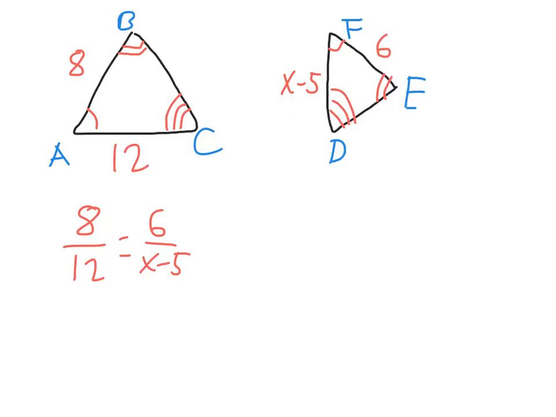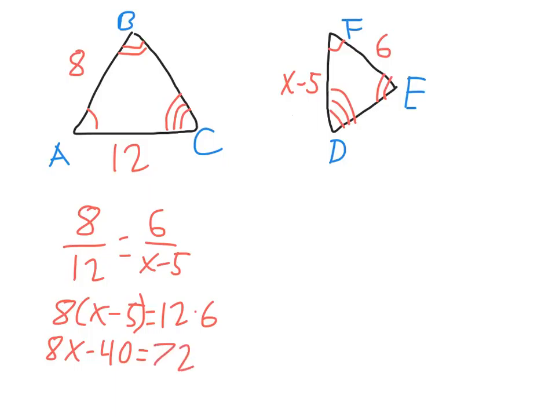So you have 8 times x minus 5 equals 12 times 6. Or 8x minus 40 equals 72. So then add 40 to both sides.